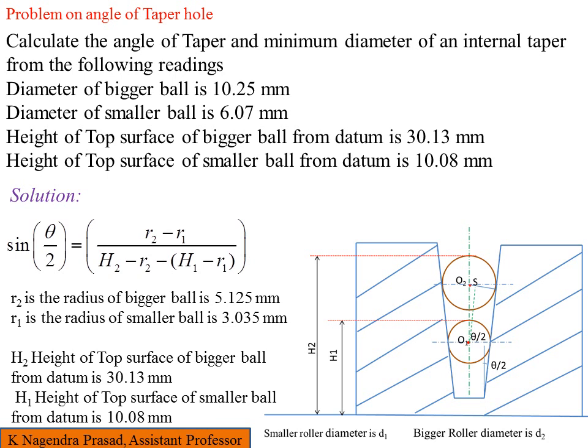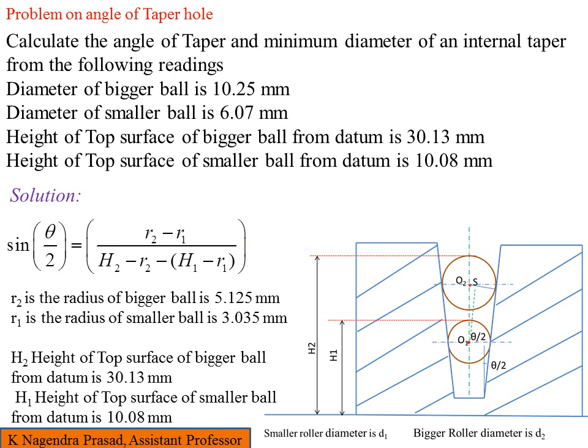Similarly r1 is the radius of the smaller ball, given in the data. Diameter 6.07 mm, then the radius of the smaller ball is 3.035 mm.